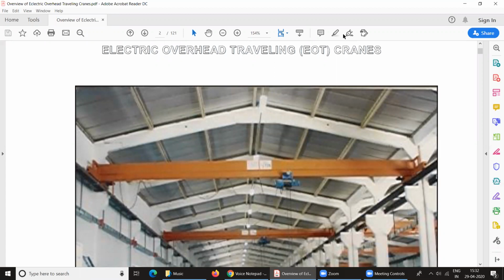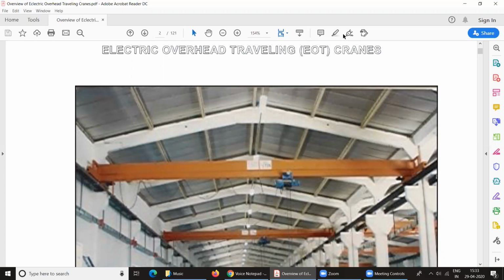Now, a crane is a material handling equipment for lifting or lowering a load by a hook and moving or transferring it horizontally, in which the hoisting mechanism is an integral part of the equipment.